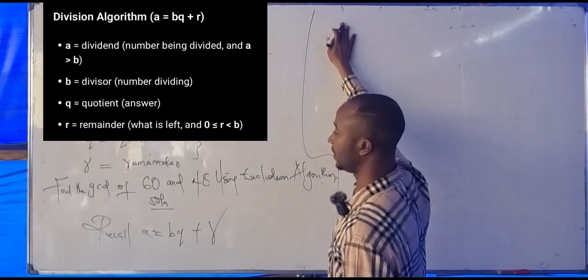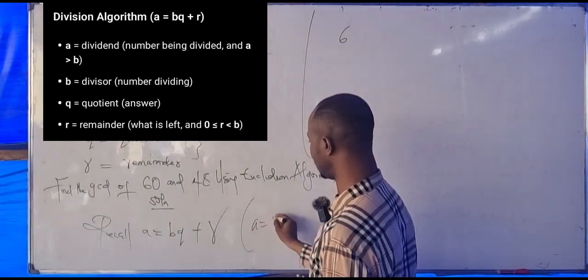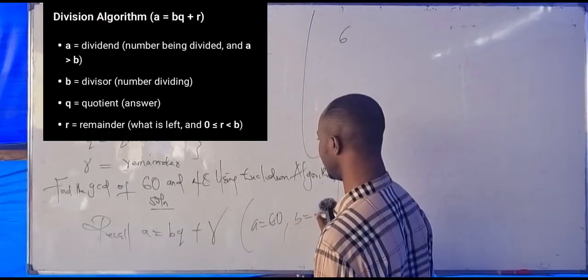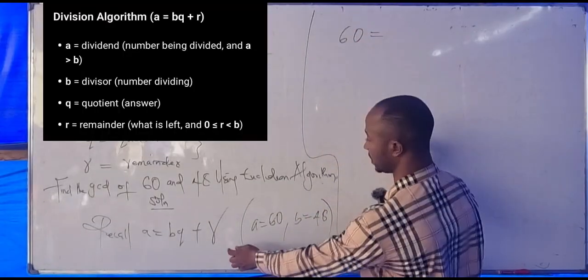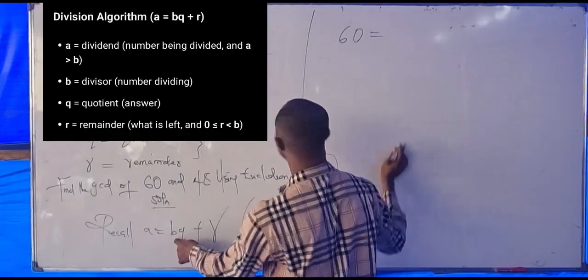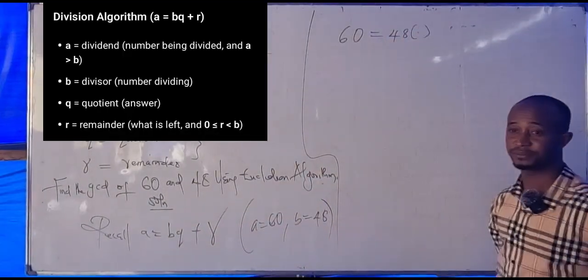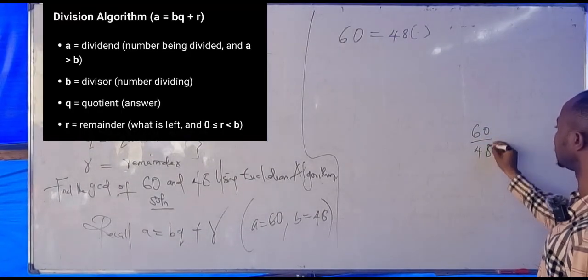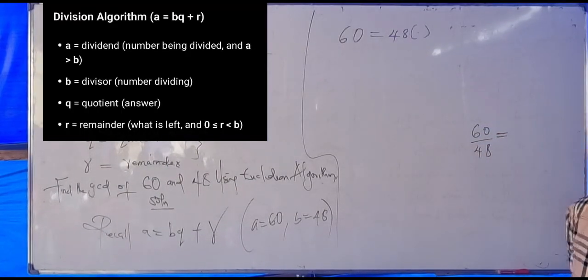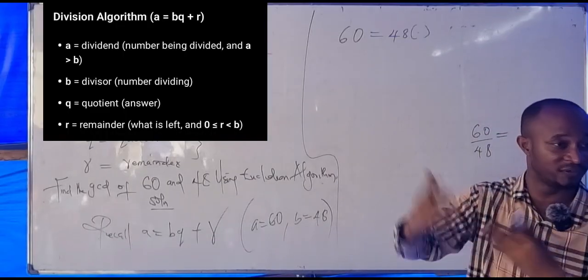Let's go. What's our A? 60. Where A is 60, B is 48. So we have 60 equals what times 48? But we don't know what our quotient is. Divide 60 by 48. What do you have? The quotient is the result of that division, right?